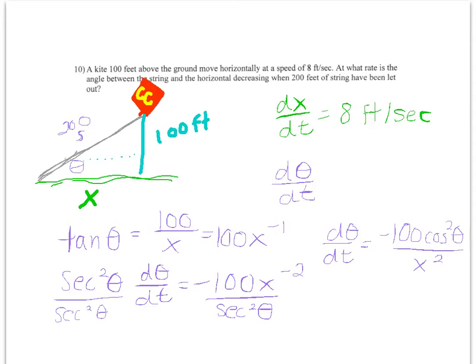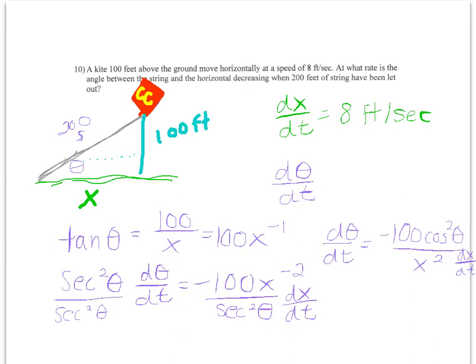All right, so now we are ready to solve the problem. So we want to know the rate that the angle is changing when the string is 200 feet long. So we have a place to plug in theta and we have a place to plug in x. I forgot to do a dx/dt when I took the derivative, so let me back up and put it right there, and then we'll put it up top here.